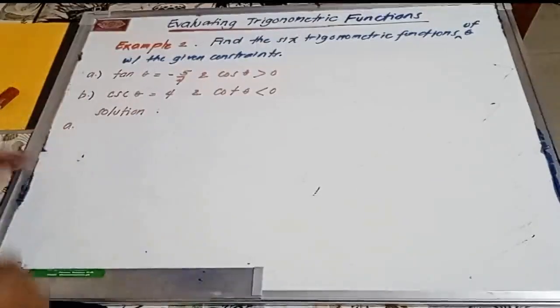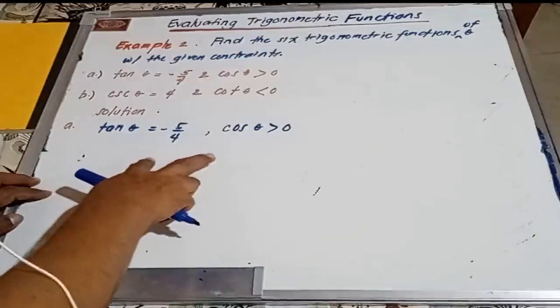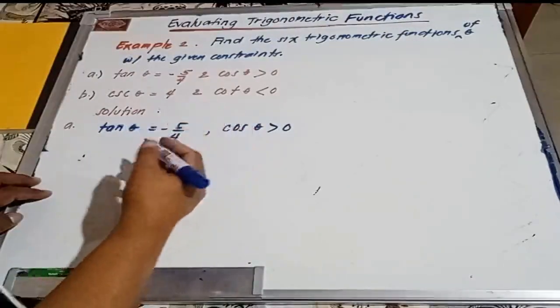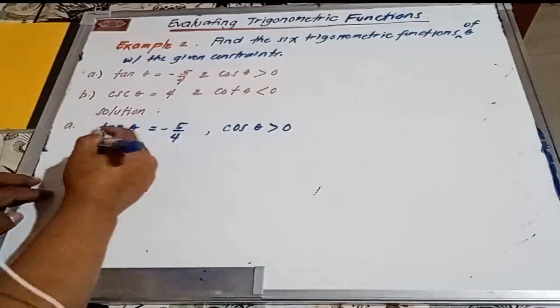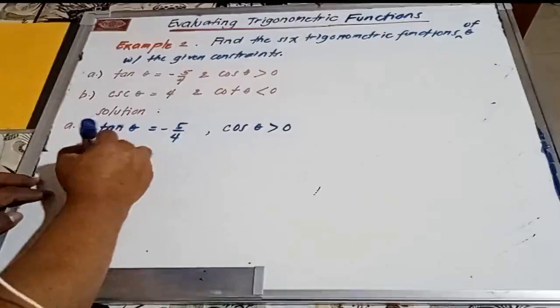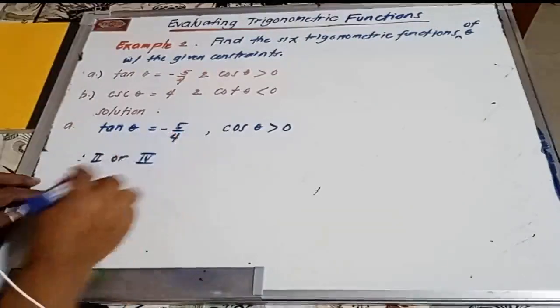Alamin muna natin kung nasang quadrant yung tinutukoy ng value na tangent theta equals negative 5 over 4 using the constraints. So, negative si tangent, si cosine is positive. Kapag negative si tangent, it's either nasa second or fourth quadrant siya. Okay?